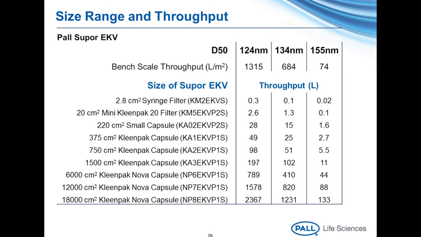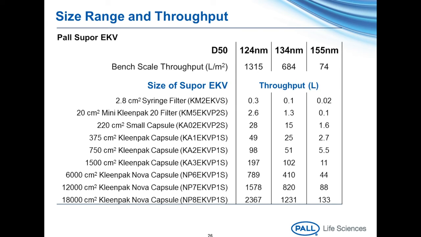Now, with our process model in mind, perhaps the most important early discovery made during the study was that the use of a microfluidizer allowed for the generation of a controlled mean particle size with a sharp Gaussian curve for size range. And Supor EKV was superior for flux and throughput at a D50 of 124 nanometers. Here I've given some bench scale throughput values using 30 psi differential during filtration.